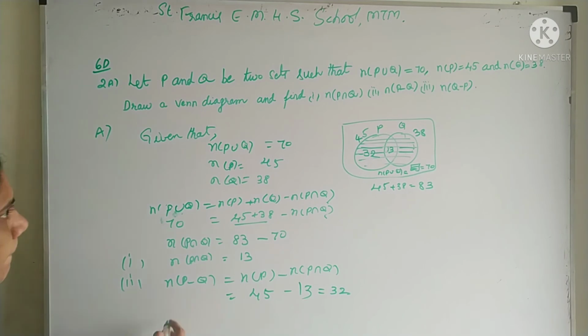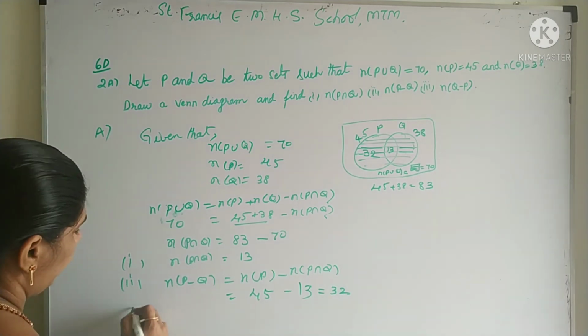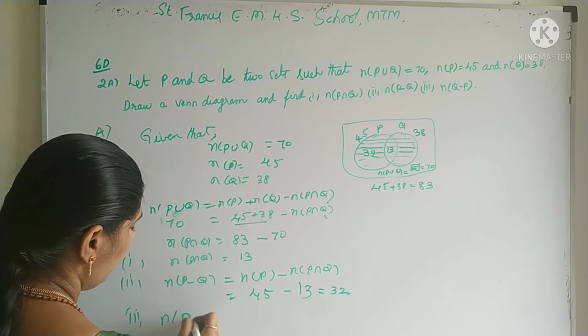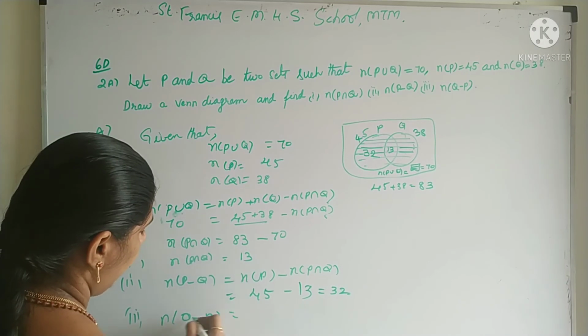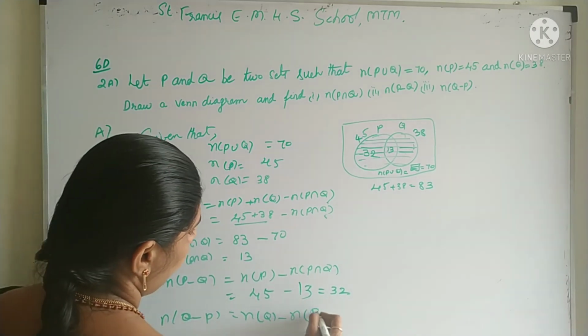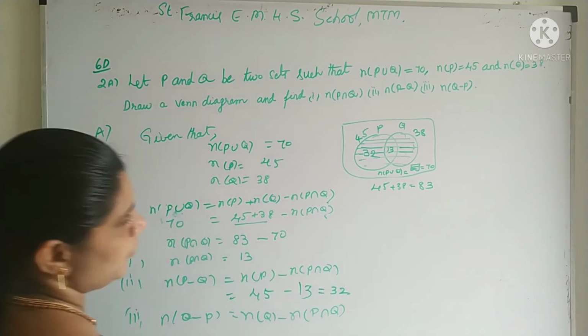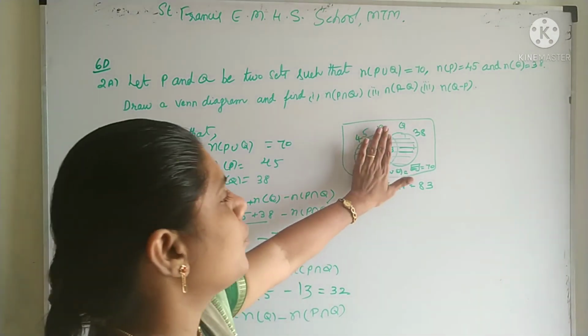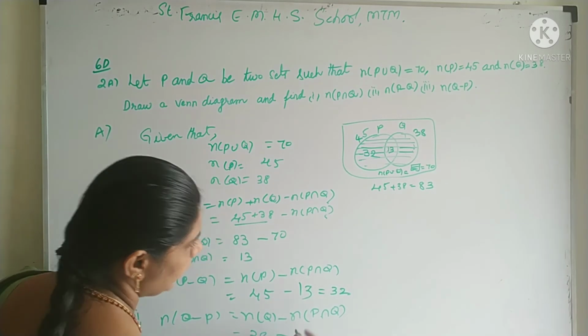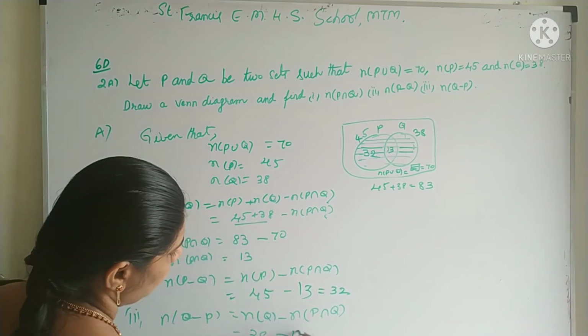Understood? Now the third one. What we have to find here? n(Q − P). The same thing. n(Q − P) means n(Q) − n(P ∩ Q). The common elements you have to eliminate from Q also. Total number of Q is 38. From 38 eliminate n(P ∩ Q), that is 13.